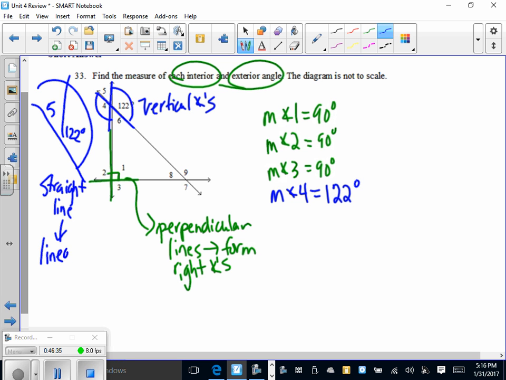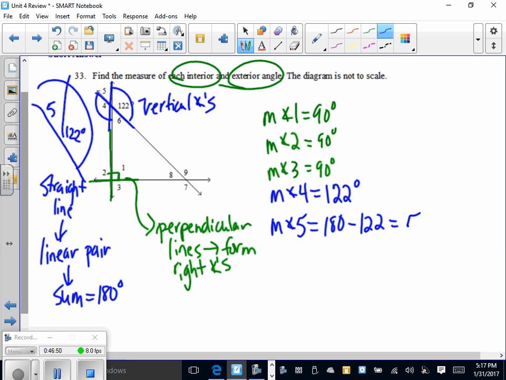A linear pair adds up to 180 degrees. So the measure of angle 5 is 180 minus 122, so we get 58 degrees. Angle 5 and angle 6 share a common vertex. They are also vertical angles. So the measure of angle 6 is equal to the measure of angle 5, which is 58 degrees.